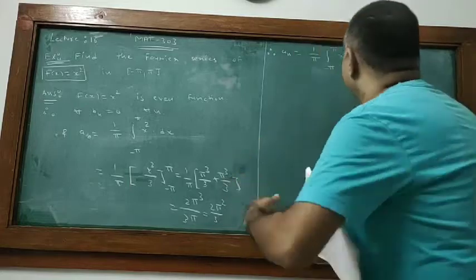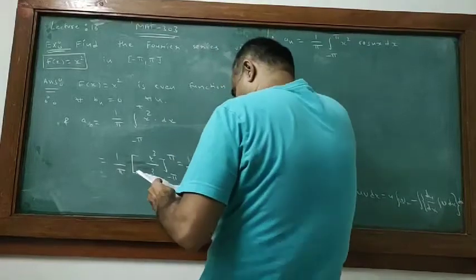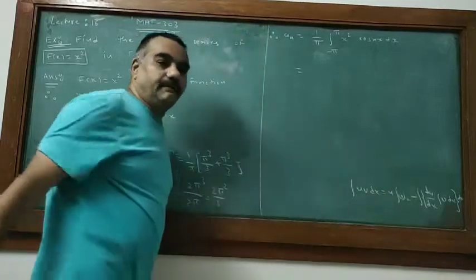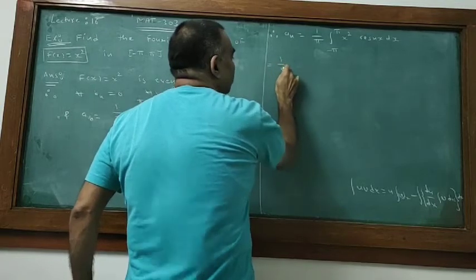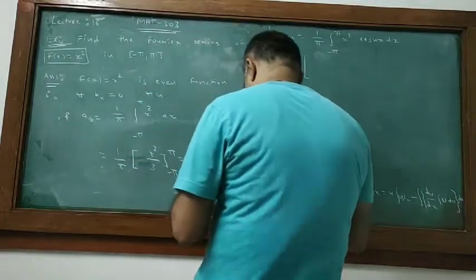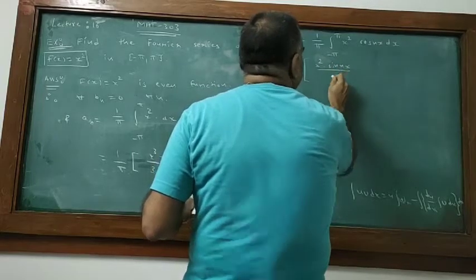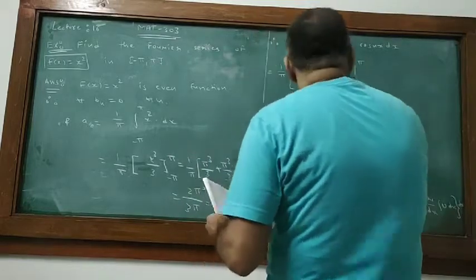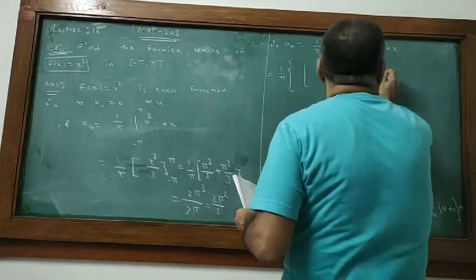Okay? So again we are going to apply this formula. So this is equal to 1 upon pi, x square sin nx upon n from minus pi to pi, minus 1 upon n.